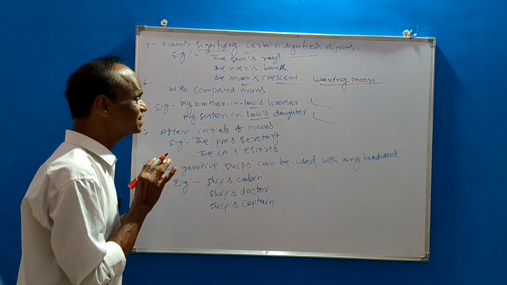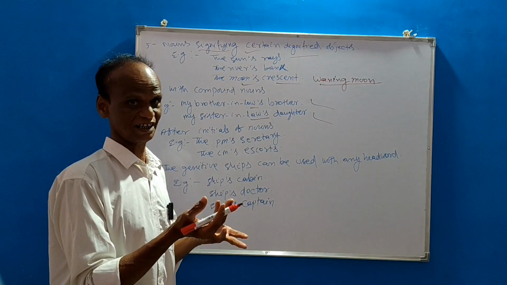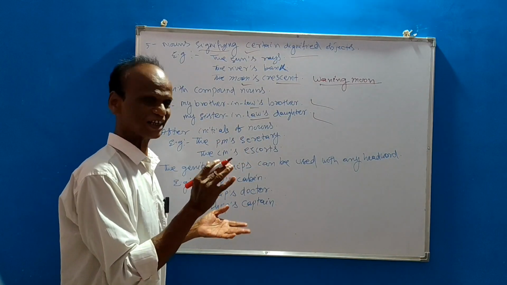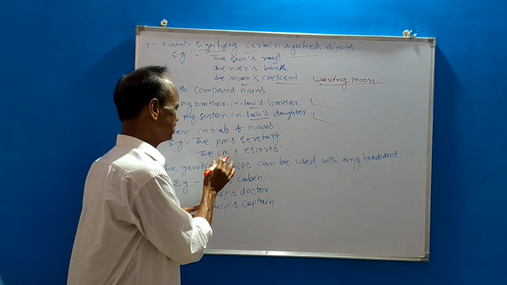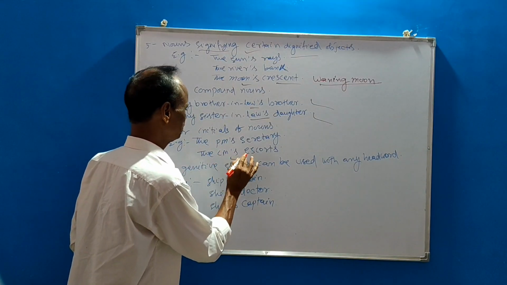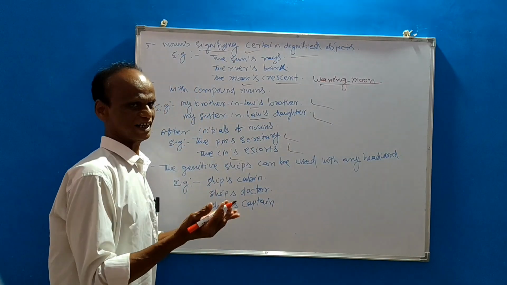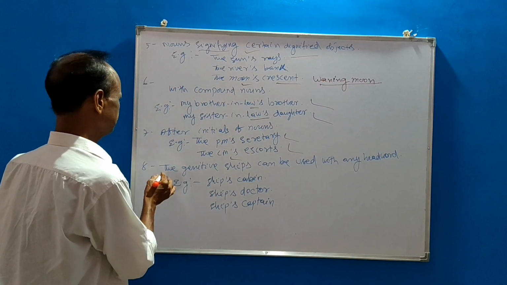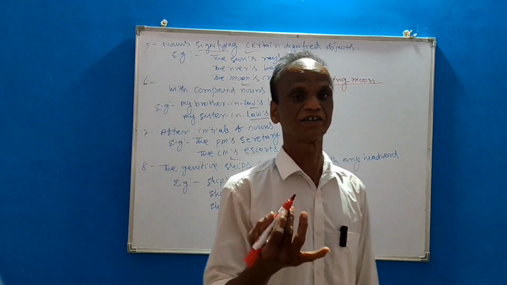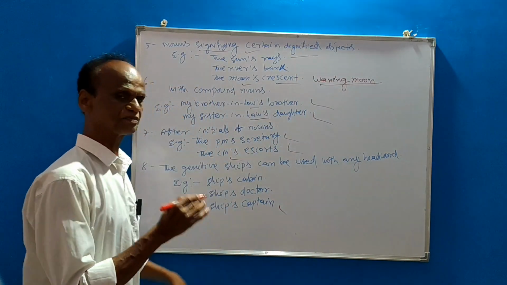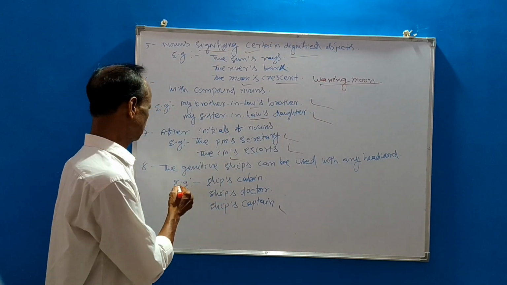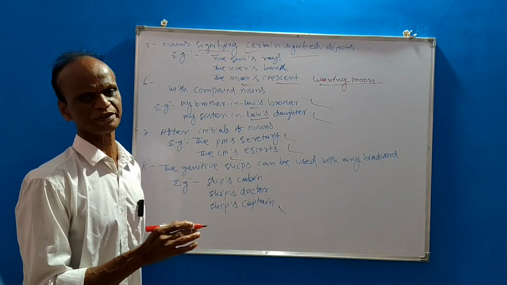Next, after initials of nouns: the PM's secretary, Prime Minister's secretary, CM's escorts, Chief Minister's escorts. At that time it is correct. Next, the genitive S can be used with any head word: ship's captain, ship's cabin, ship's doctor. So, at that time, S genitive form is used.